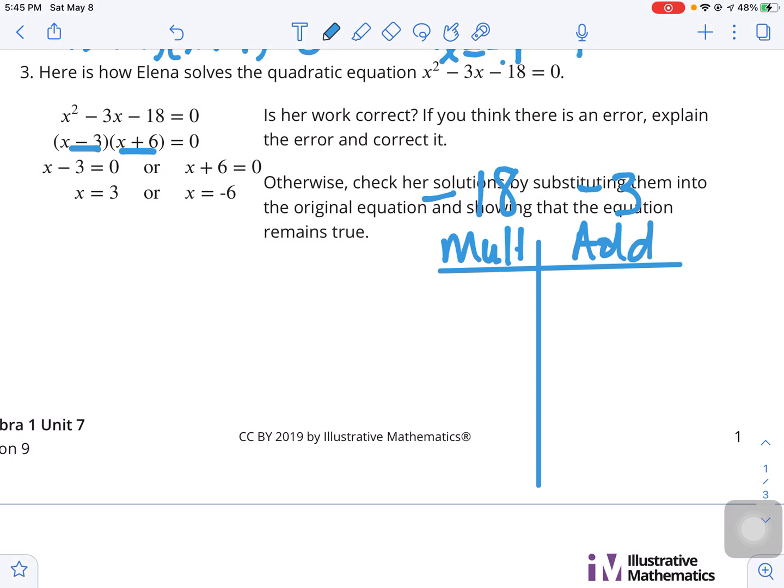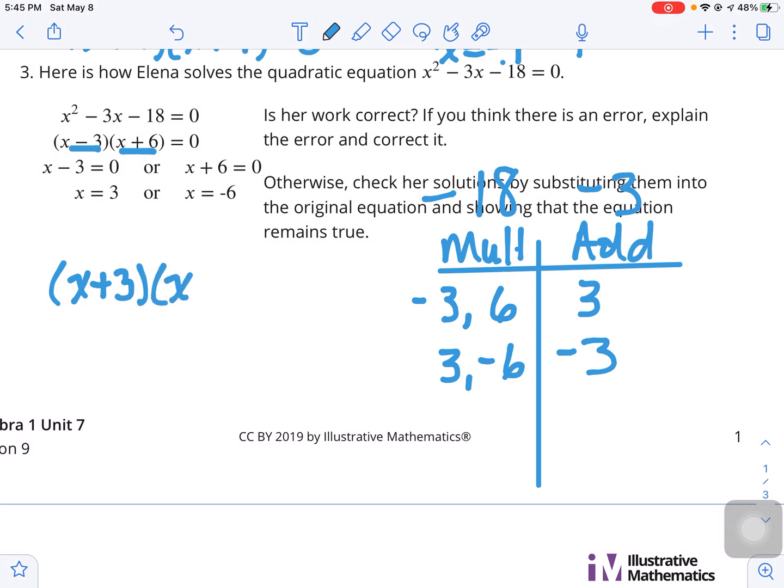So it looks like she chose negative 3 and 6. So negative 3 and positive 6, but when you add those two, you get a positive 3. So she should have used this combo, 3 and negative 6, because then when you add them, you get negative 3. So it should be x plus 3 times x minus 6 then, equal to 0.